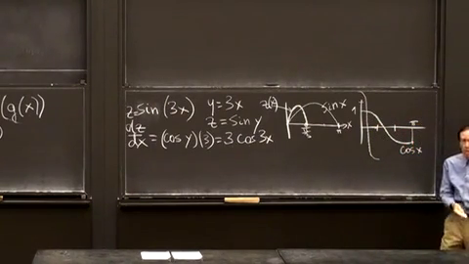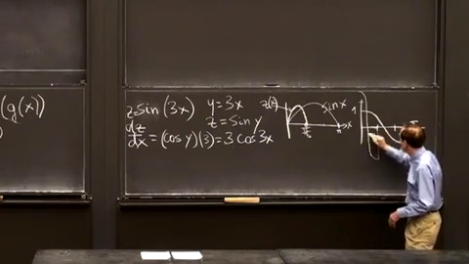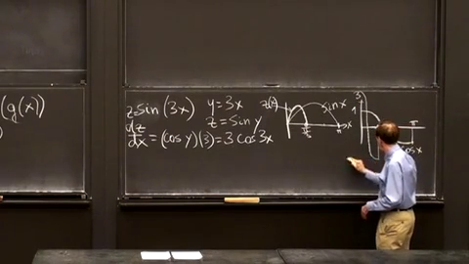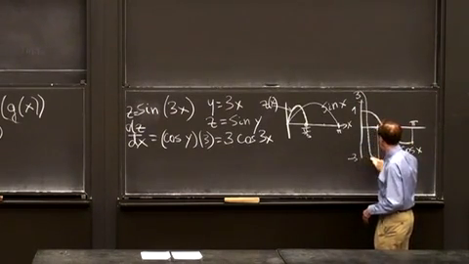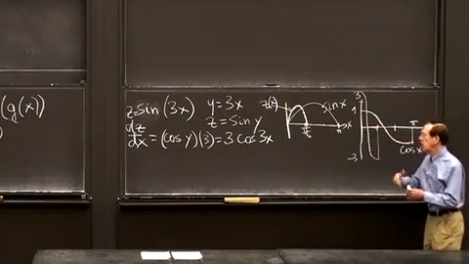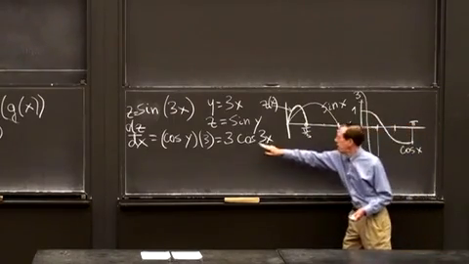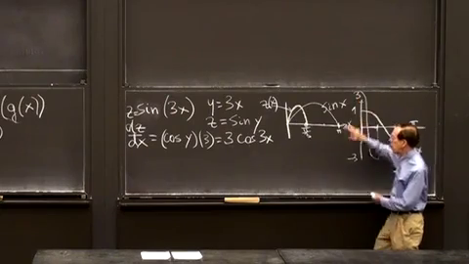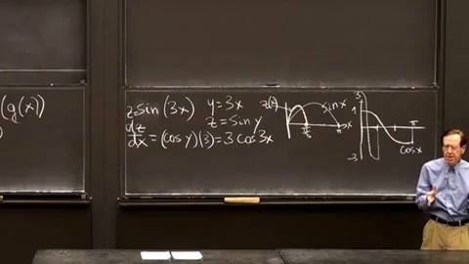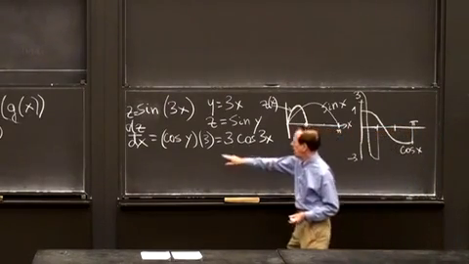I don't know if that's great, but it maybe makes the point that I start up here at 3 and I end up down here at -3 when x was 60 degrees, because this is a picture of 3 cosine of 3x. I had to replace y by 3x at this point.